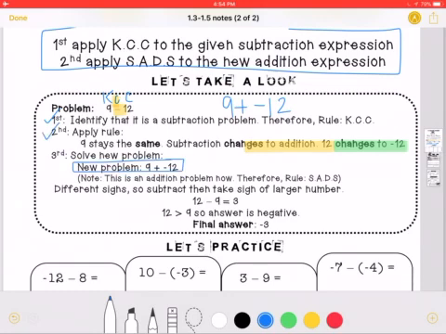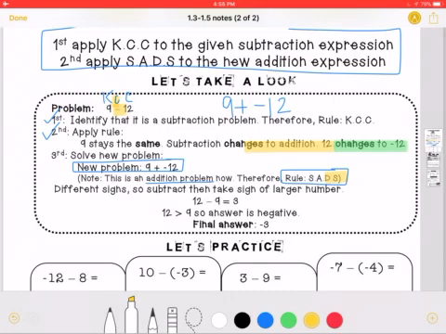So now we're going to do our third step. We're going to solve that new problem. Now, take note, this is now an addition problem. When I'm adding integers, what was the rule that we did last lesson? We're doing the rule SADS. Take a look at that problem. Do they have the same signs or do they have different signs?